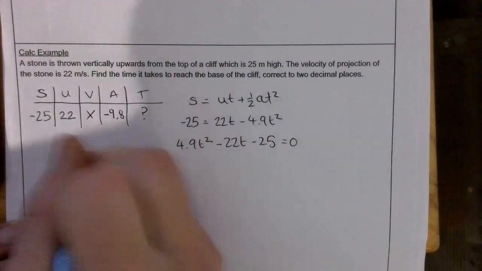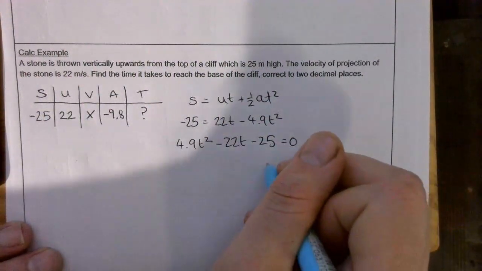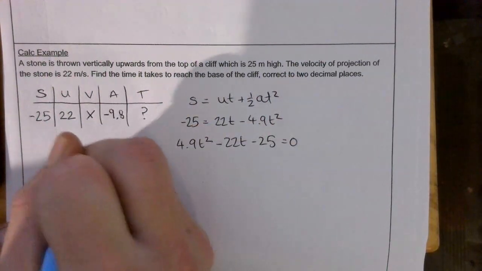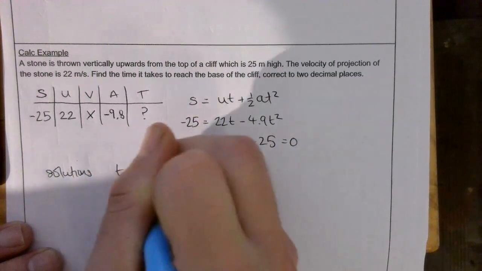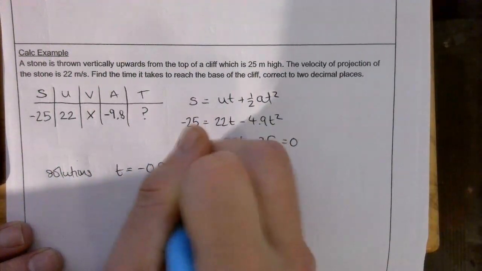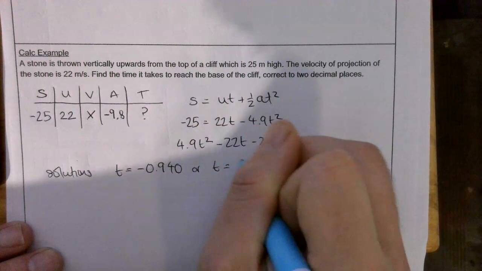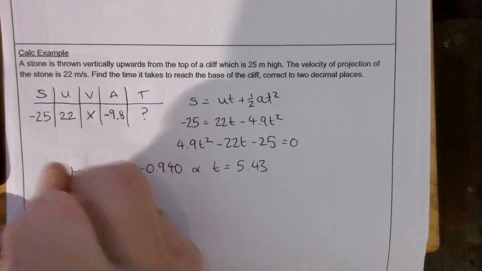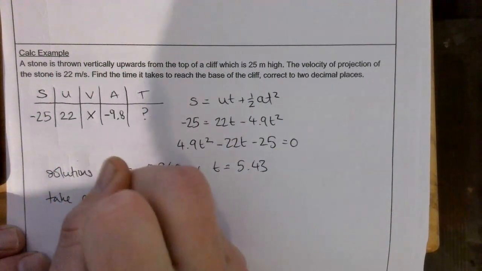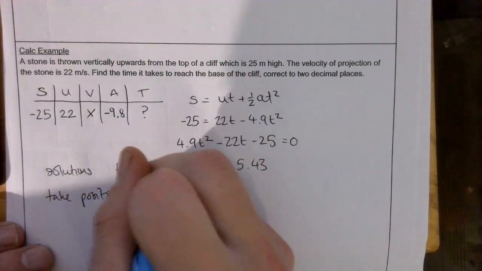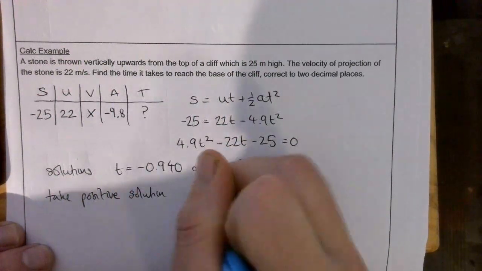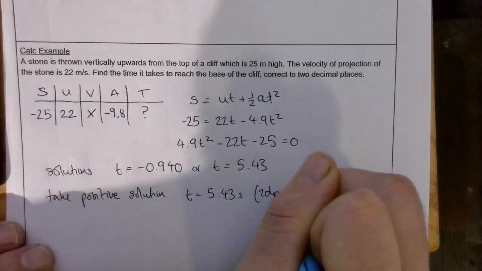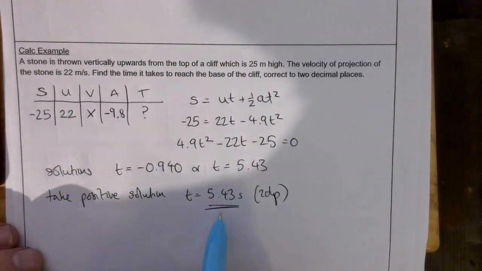If I solve that on my calculator, then I'm going to get solutions. t is minus 0.940 or t equals 5.43, and obviously take the positive solution because it represents the time. So t equals 5.43 seconds to 2 decimal places.